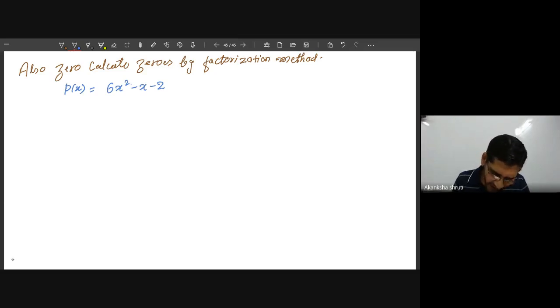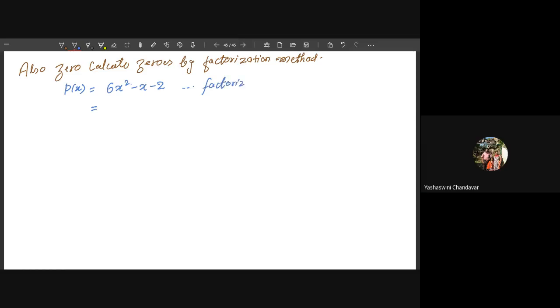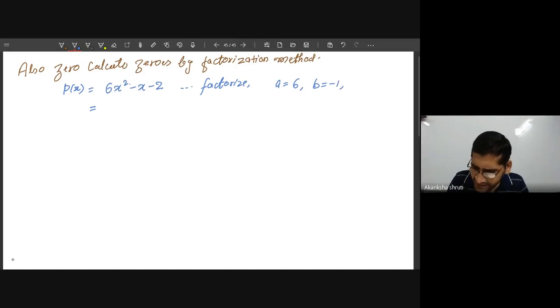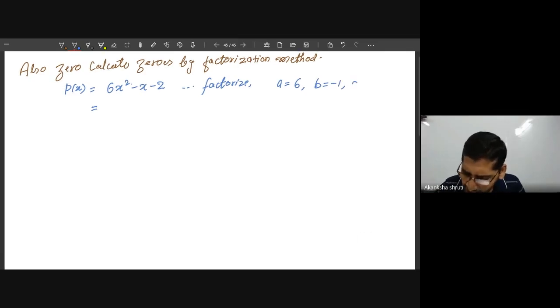So student, first we have to factorize this. How can we factorize this? Student, I am going to do the factorization using the middle term. Very good. For that we have to take a, b, c. a is the coefficient of x square, 6. b is the coefficient of x, minus 1. c is the constant term, it is minus 2.